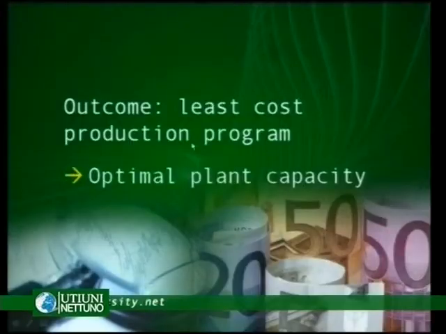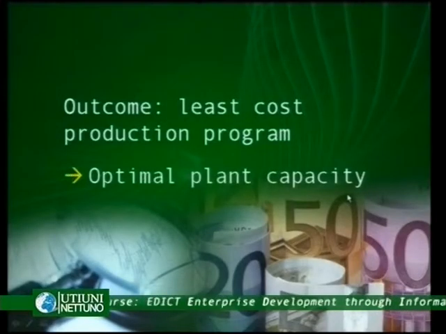So the least cost production program, as we will see, is a program which is based on the idea that we are able to minimize the operational costs and associate this optimal configuration to a specific plant, both in terms of layout and capacity, as we will see. So the optimal plant capacity is about the exploitation at the maximum level of the installed capacity without losing additional resources in terms of inefficiency or less productive activities.